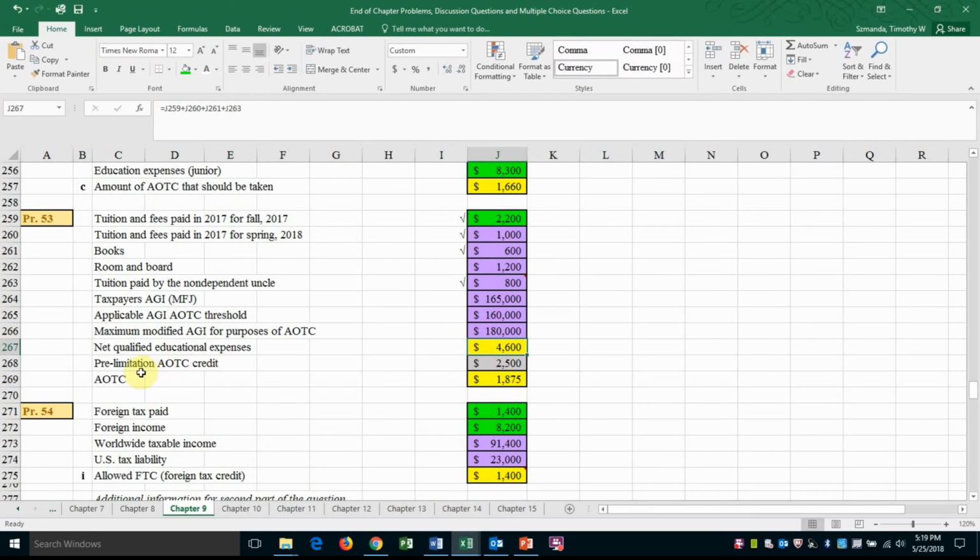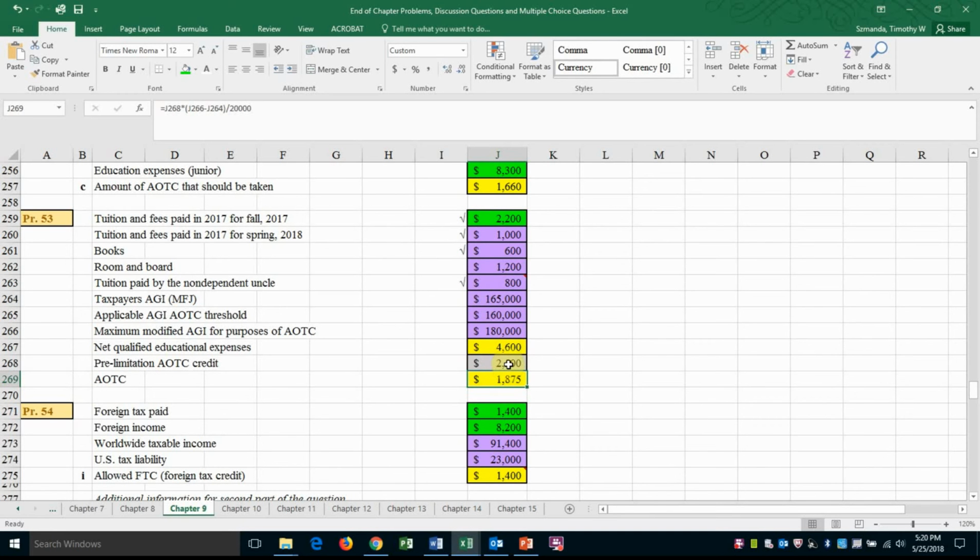And then the pre-limitation American Opportunity Credit is the maximum we set of 2,500. However, they are going to have to phase out some of this credit because they're high income. So the way we calculate this, and it's demonstrated in the PowerPoint I went through as well as in the text, is we're going to take the pre-limitation credit of 2,500, and then we'll make any adjustments to that by the ratio or allocation.